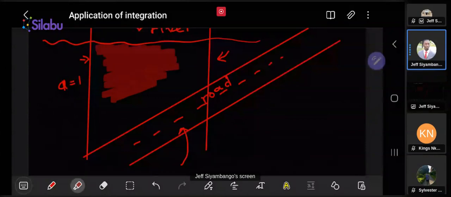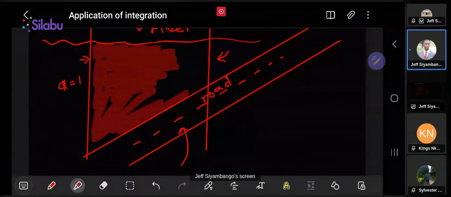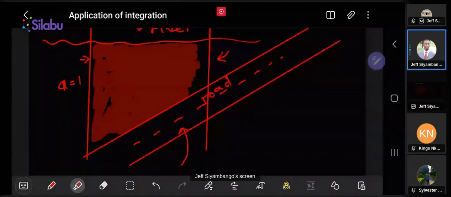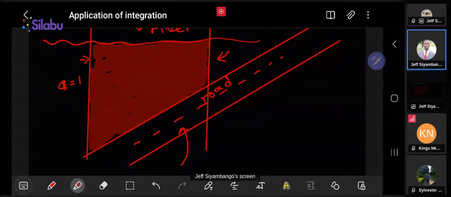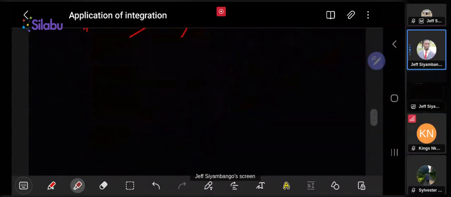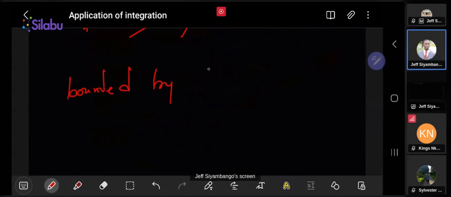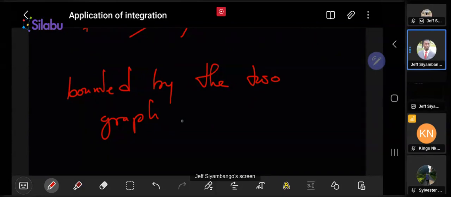To bound is more like to enclose. It's just a way of painting a picture for us to say that is where the piece is, what we are looking for. If the question was just saying bounded by the two graphs, this statement would mean that we are only looking for the area that is completely enclosed by the two graphs.